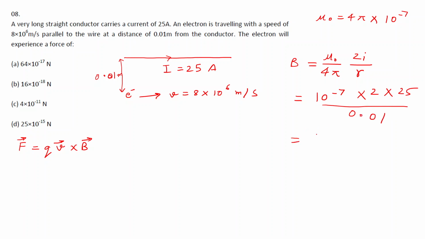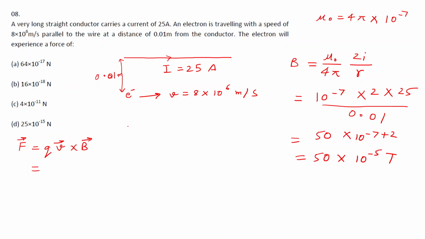When we solve this, this will be 50 times 10 to the power minus 7, and this is 10 to the power minus 2, which becomes plus 2. This will be 50 times 10 to the power minus 5 Tesla. Now I substitute the value of the magnetic field here.